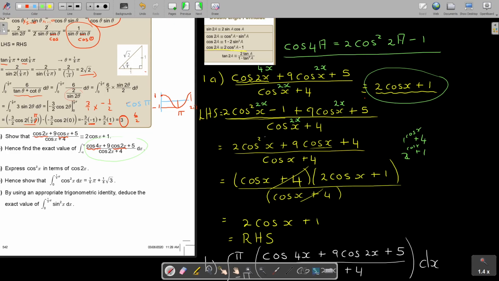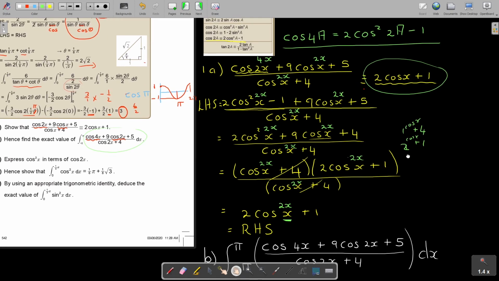I do exactly the same. I just have 2x, but remember this is now 2x every time, 2x, 2x, and this is 2x. Okay, and then I'm just going to get the 2x there, the 2x there, do you see? And then this cancels, and I will be ending up with 2x plus 1. Okay, so basically, that's the only thing that changed.